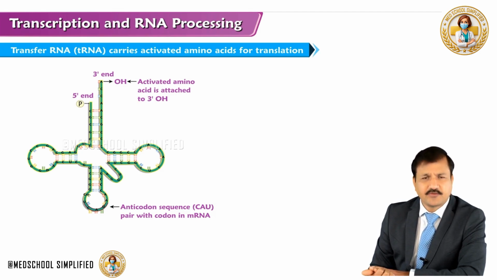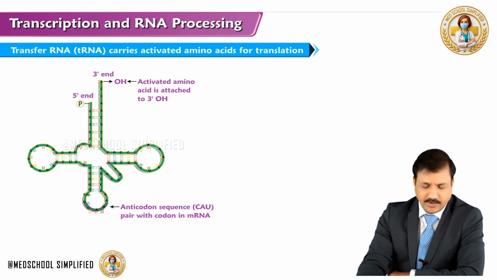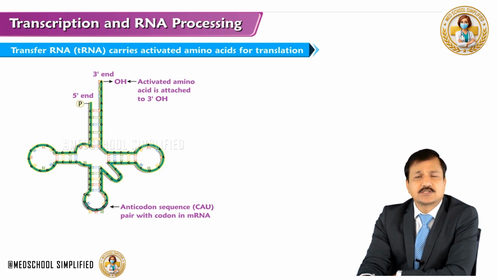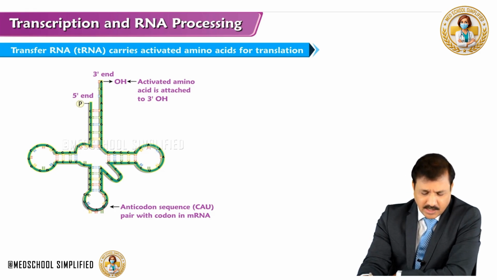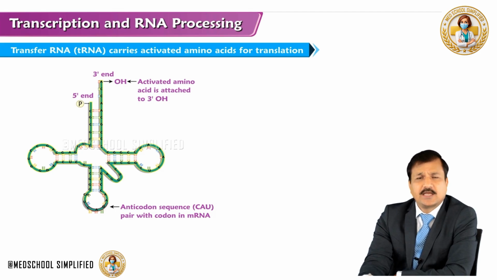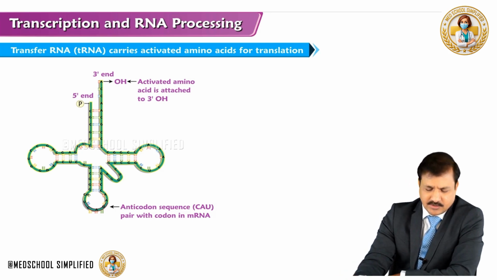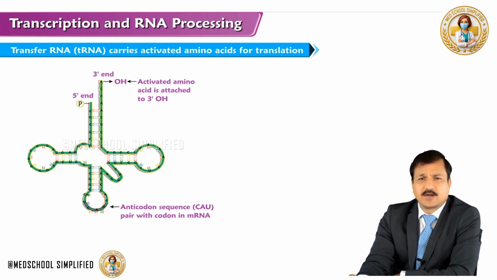So here is the structure for tRNA. It has a 5' end which is phosphorylated, and a 3' end which has a hydroxyl group, where the activated amino acid is attached. It also has an anticodon sequence, here CAU, that pairs with the codon in mRNA. Basically, the anticodon sequence present in tRNA is specific for each amino acid that it is carrying, and this anticodon pairs with the codon present on mRNA.